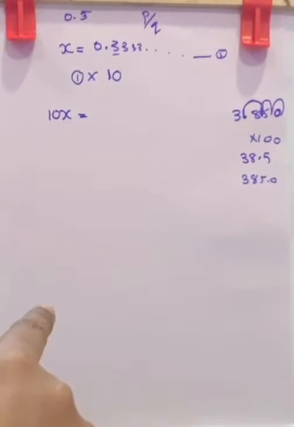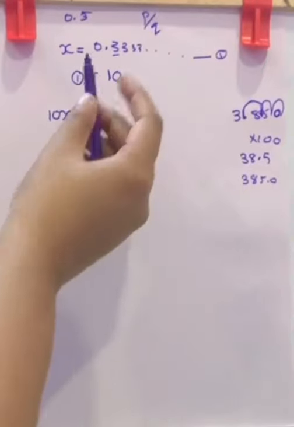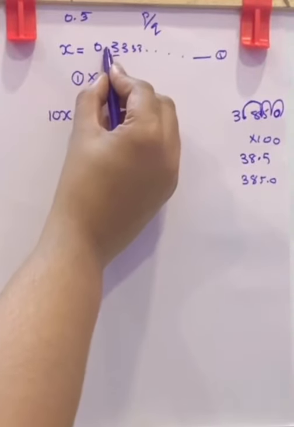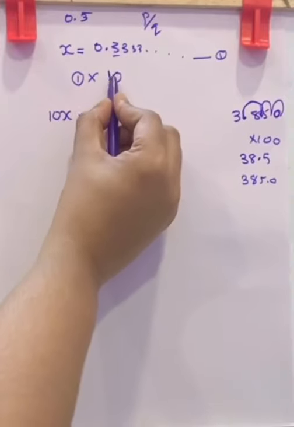In the case of division, the decimal jumps to the left side. In multiplication, the decimal jumps to the right side. So here, into 10, the decimal jumps one place to the right, because 1 zero is there.